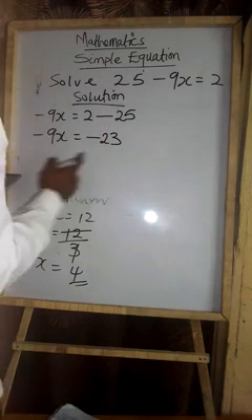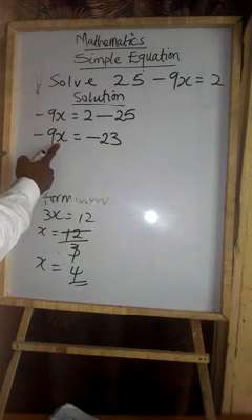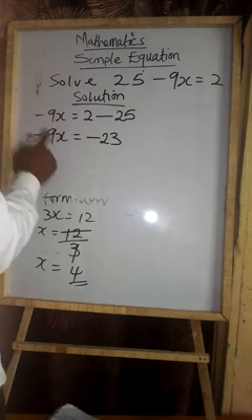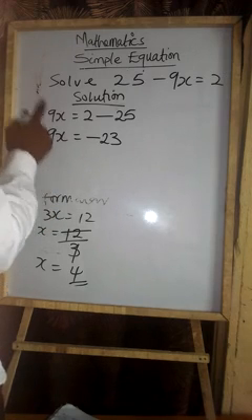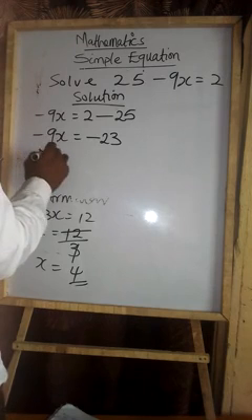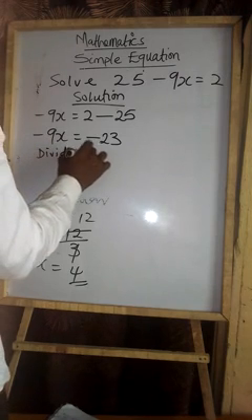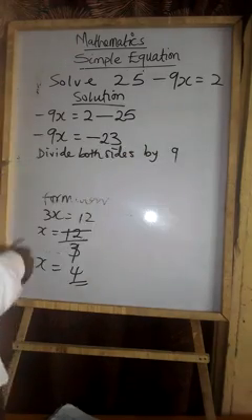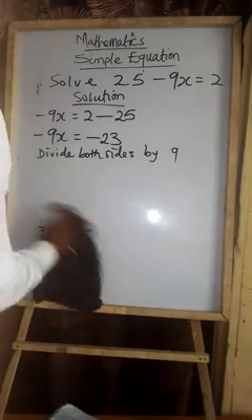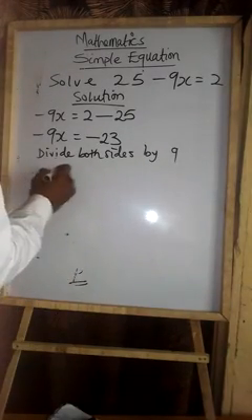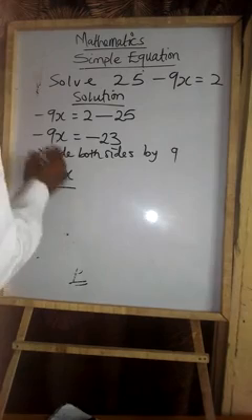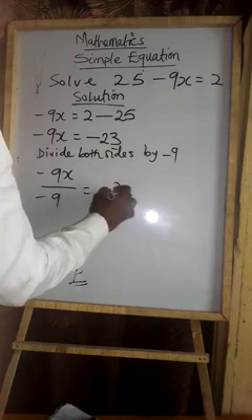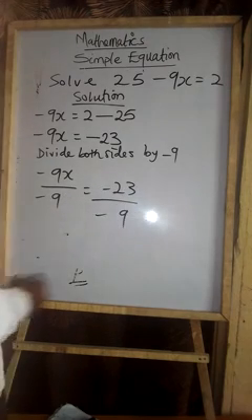But what we are interested in is to find the unknown, which is x. So I don't want this 9 to be here. I just want the x to remain. So I divide both sides by minus 9. So I'll have minus 9x over minus 9 equal to minus 23 over minus 9.